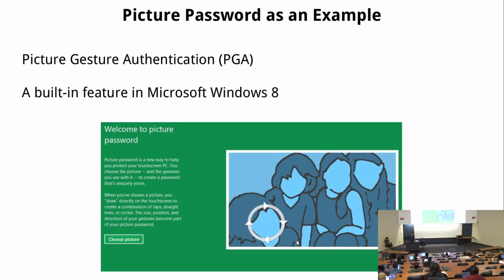I thought, oh, this is a very interesting idea, but I do not agree with their assessment, because same as text-based passwords, even if you have picture-based passwords, users will still choose some kind of weak password. We just need to find out the pattern. So I started a project to try to hack this password system and to understand the weakness. This is work I did when I was a PhD student.